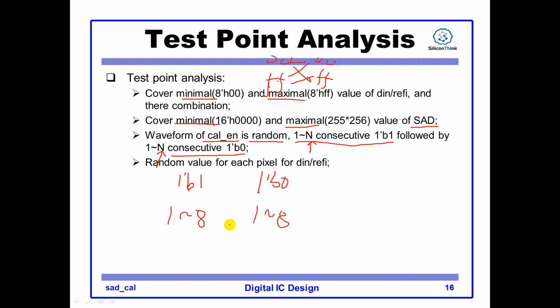That is, 1 active cycle followed by 1 to 8 inactive cycles, 2 consecutive active cycles followed by 1 to 8 inactive cycles, 3 active cycles, up to 8 active cycles, each followed by 1 to 8 inactive cycles.